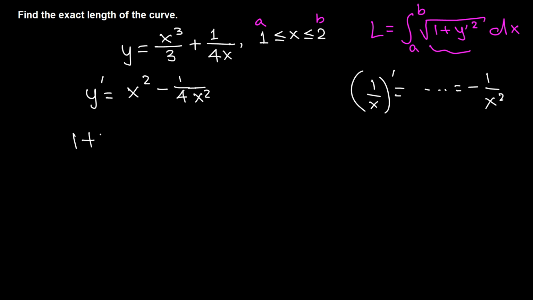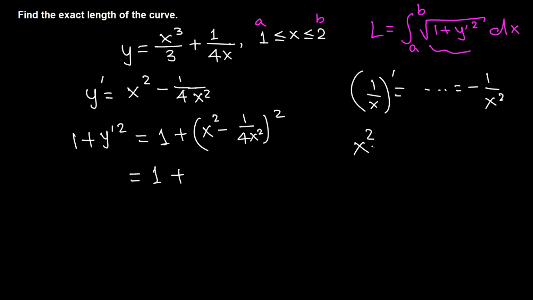So 1 plus y prime squared, which is 1 plus x squared minus 1 over 4x squared, whole quantity squared. Let's simplify this. Quantity squared means we multiply this by itself: x squared minus 1 over 4x squared times itself.